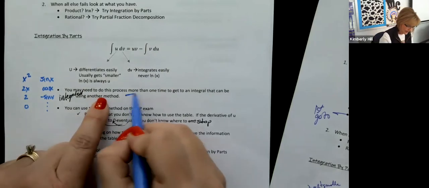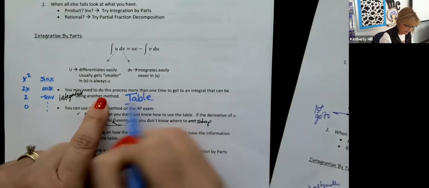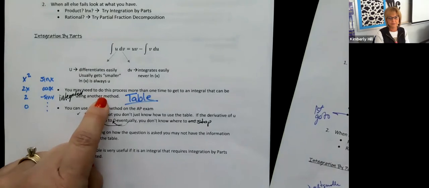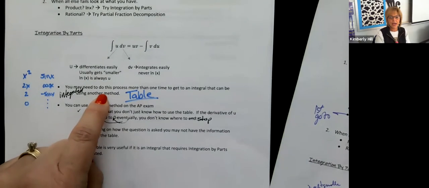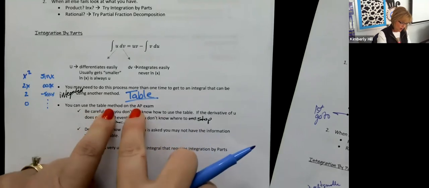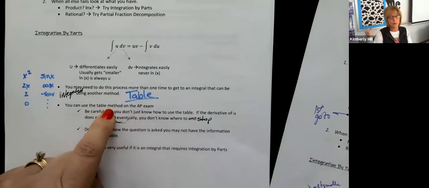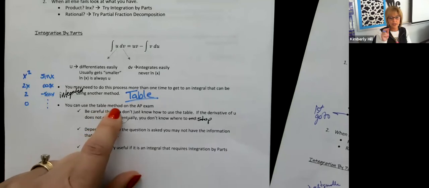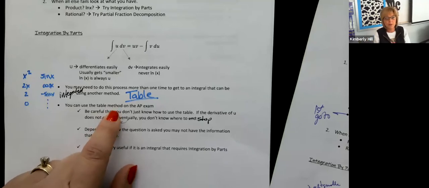If that happens, this is a good time to use the table method. So if you look at it and it looks like something you're going to have to repeat the process over and over and over, a table sometimes makes that nice. So you are allowed, unless this has changed from back when I got trained years ago, you are allowed to use the table method, and we'll look at the difference in the formula versus the table method on the AP exam.